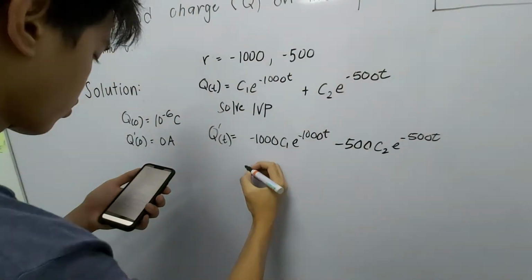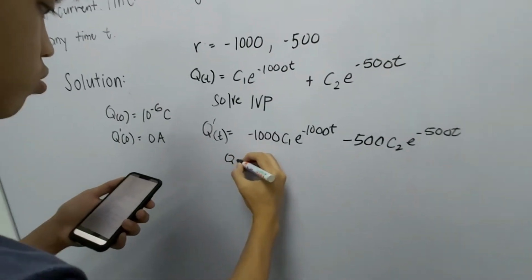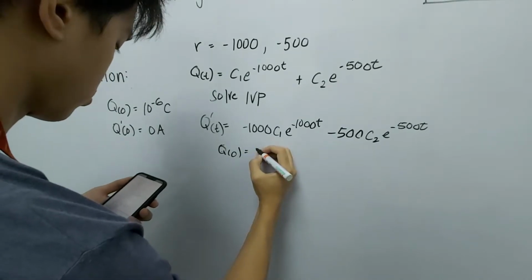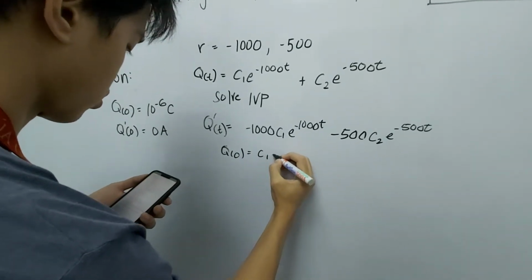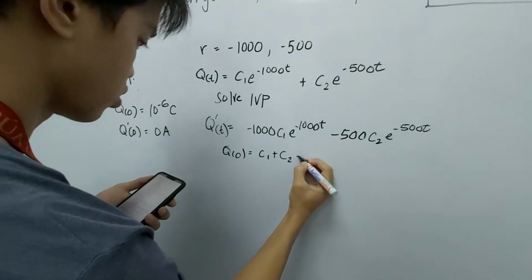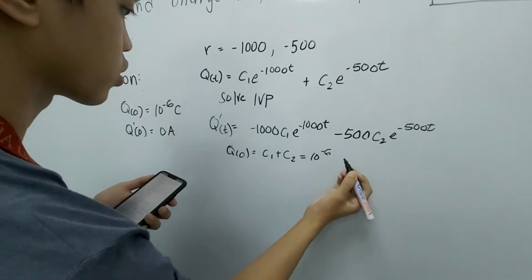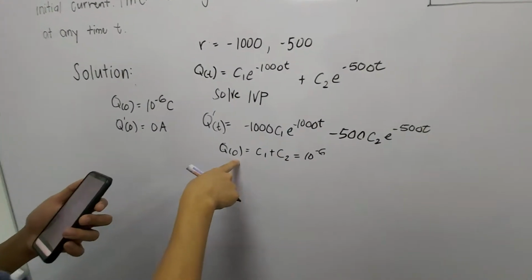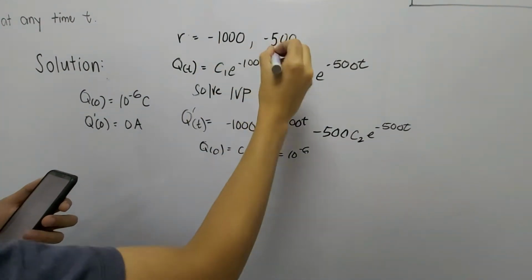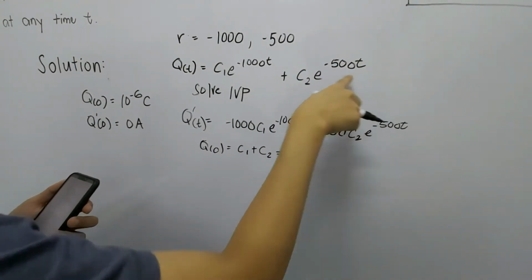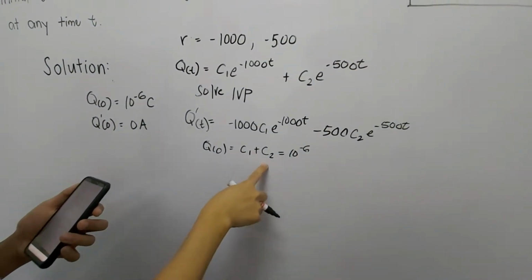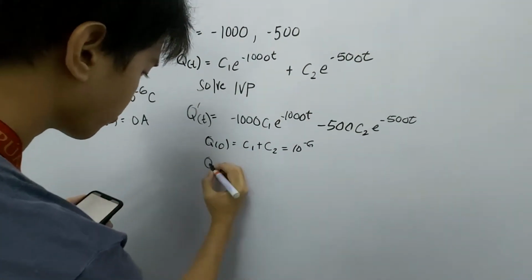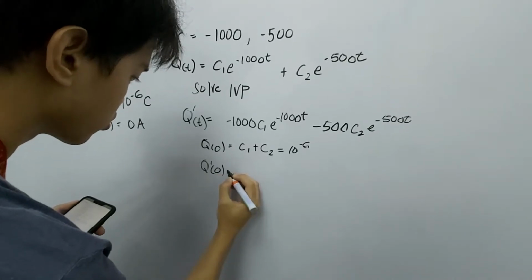So Q of 0 is equal to C1 plus C2 equals 10 raised to negative 6. Because we know Q is equal to 10 raised to negative 6, and we substitute 0 for t, so this will cancel, and substituting 0 here will also cancel, so we're left with C1 plus C2 equals 10 raised to negative 6.